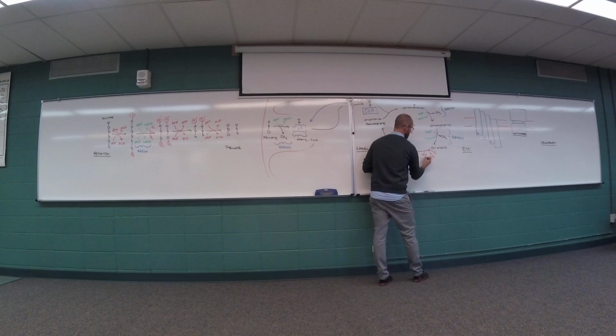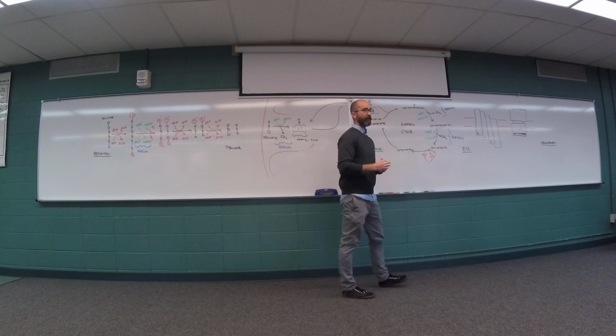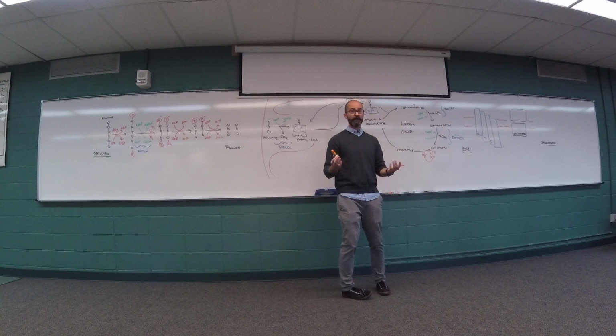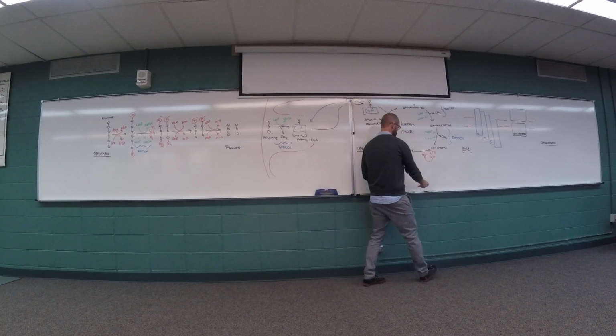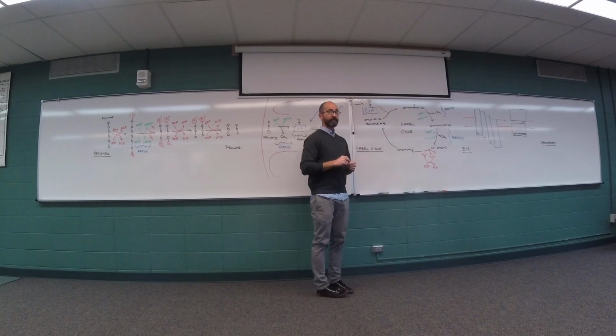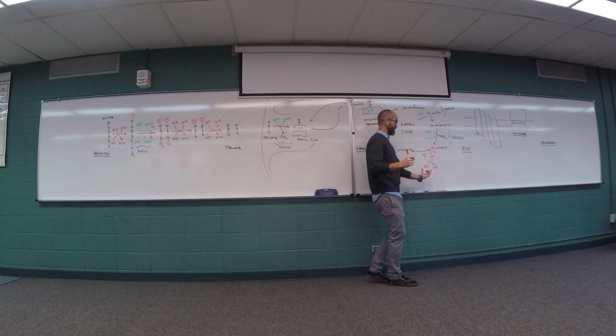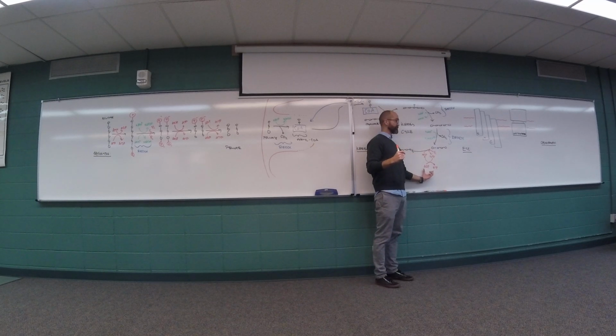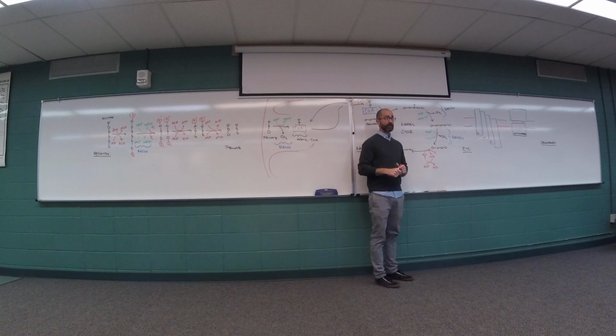So it's going to drop its phosphate off on something else, and that something else is ADP, right? So ADP picks up that phosphate from GTP. And so for those of you who said substrate level phosphorylation, you're exactly right here, because that phosphate is transferred from GTP to ADP.